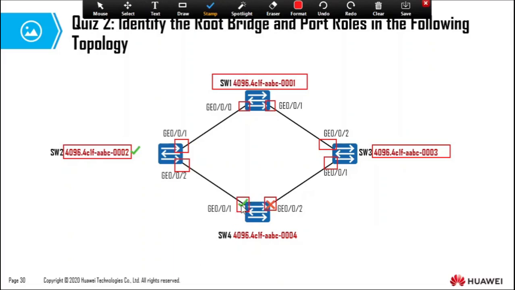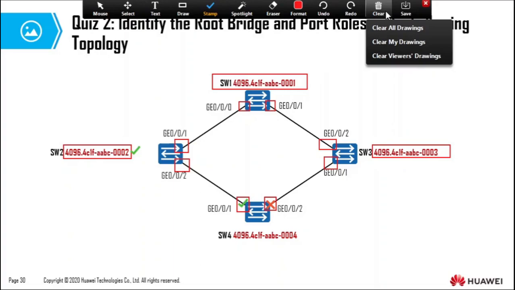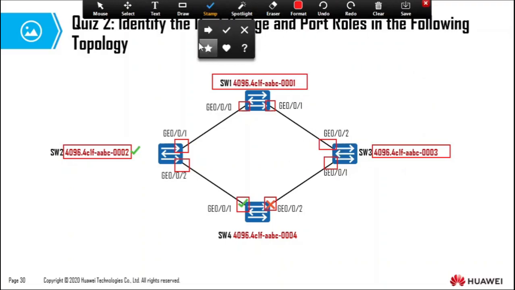So this will be our root. G001 on switch 4 will be our root port, and this will be our alternate port. Okay. What else can I mention here? We are going to learn about it, but let me just mention that if this root port fails, then this alternate port is reactivated and becomes the new root port.